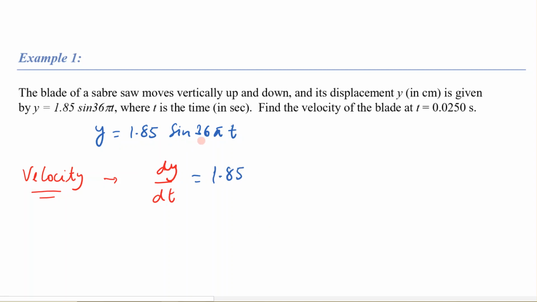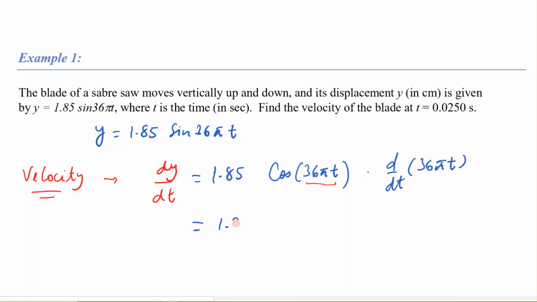So the derivative of sine is cosine of whatever angle you have, and then by chain rule, since we are taking the derivative with respect to t, and here we have 36 pi t, we need to take the derivative of the inside. So the derivative of 36 pi t.